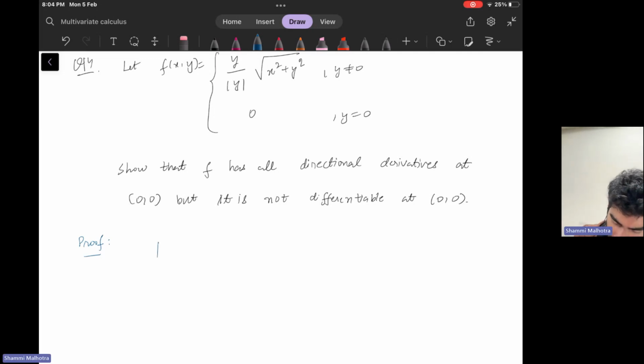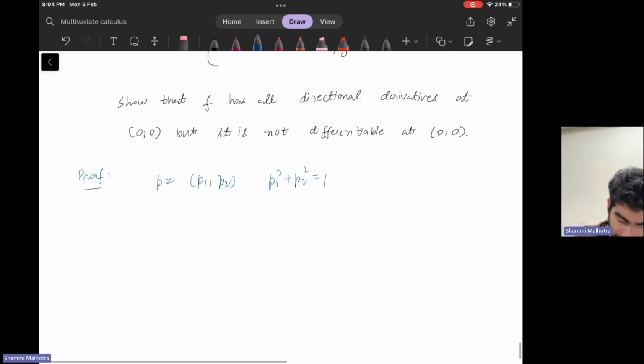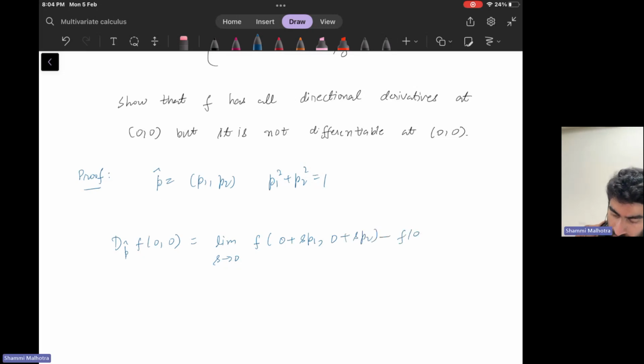So I have to take a unit vector. So p I'm taking to be (p1, p2), such that p1 square plus p2 square is 1. So this is a unit vector. So I have to calculate the directional derivative. So we take the limit s tending towards 0 of f at (0 plus s p1, 0 plus s p2) minus f(0,0), whole divided by s.